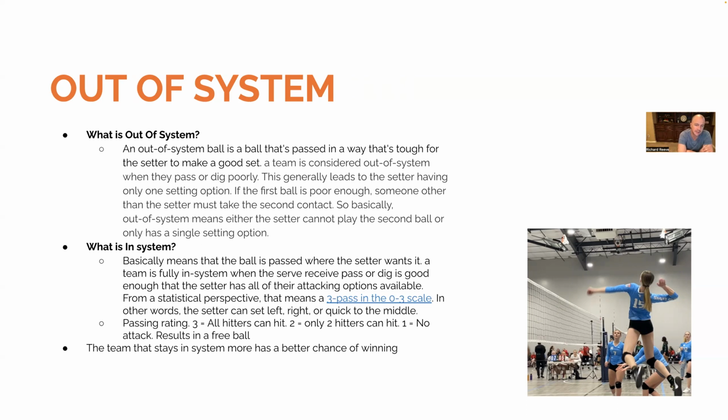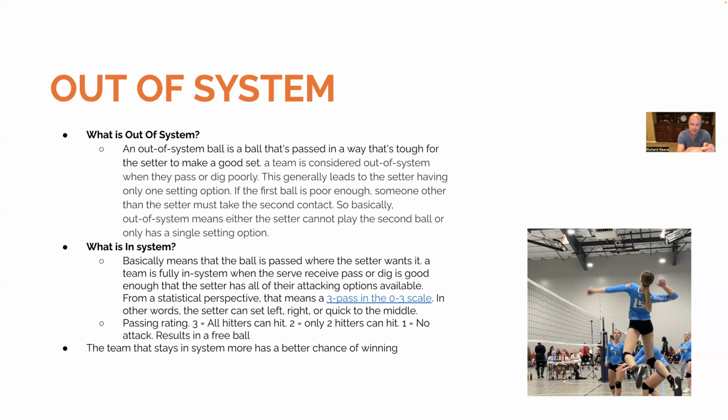So the counter, what is in system? In system basically means that the ball is passed where the setter is. A team is fully in system when the serve receive, pass, or dig is good enough that the setter has all of their attacking options available. From a statistical perspective, which I love, a three on the scale is a perfect pass.